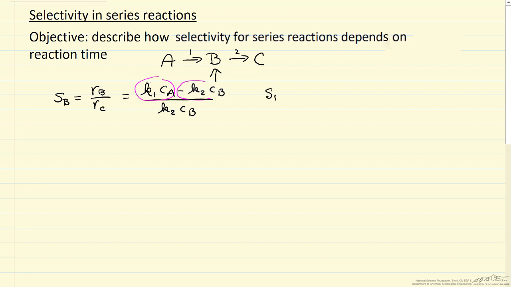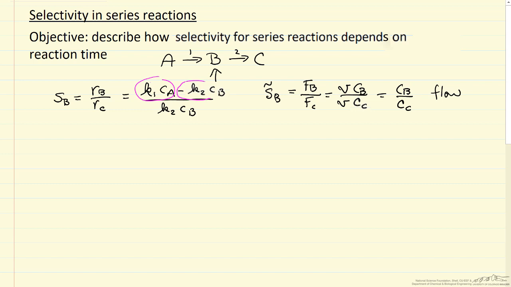So instead, let's look at the overall selectivity. For a flow reactor, it'd be the flow rate of B over the flow rate of C, which would be the volumetric flow rate times the concentration of B, over the volumetric flow rate times the concentration of C. So this would be the concentration of B over the concentration of C, and that would be for a flow reactor.